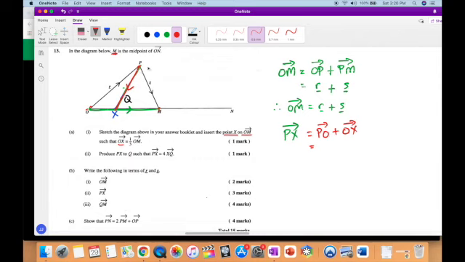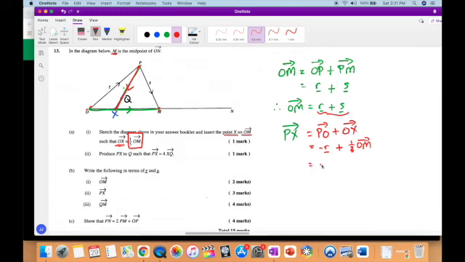PO, well, OP is R, so PO is going to be minus R because it's going in the other direction, right? Plus OX, well, we see here that OX is really a third of OM. And look, we have OM up here.